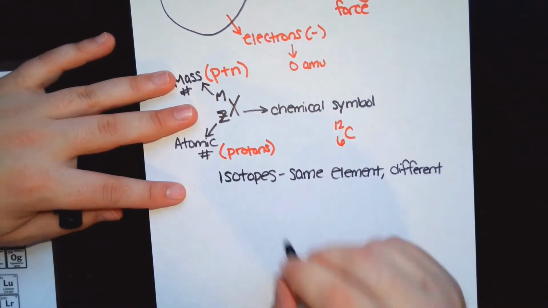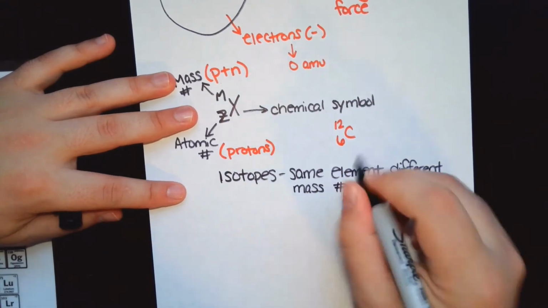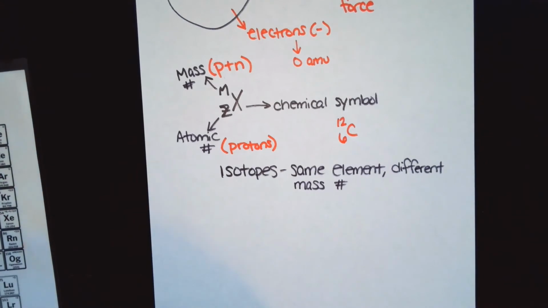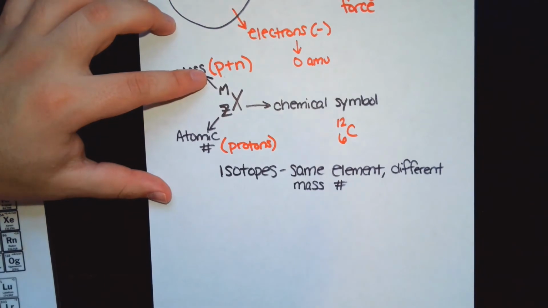So if they're the same exact element, that means that they have to have the same number of protons. But if they have different mass numbers, and mass number is protons plus neutrons, what has to be different about them? Neutrons. So isotopes are atoms of the same element that have different numbers of neutrons.